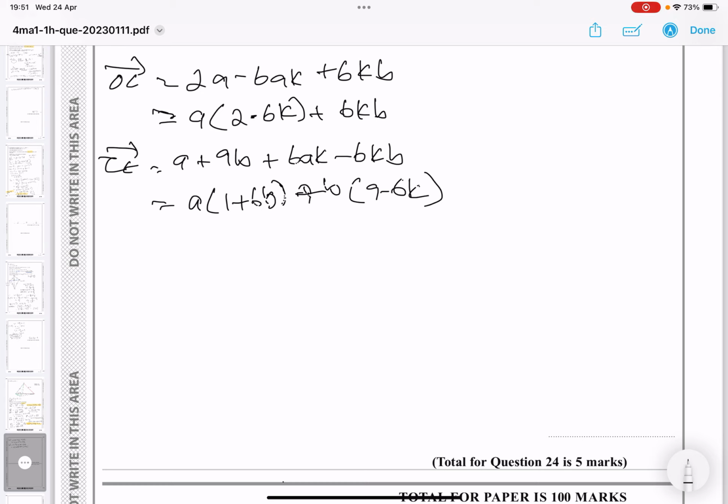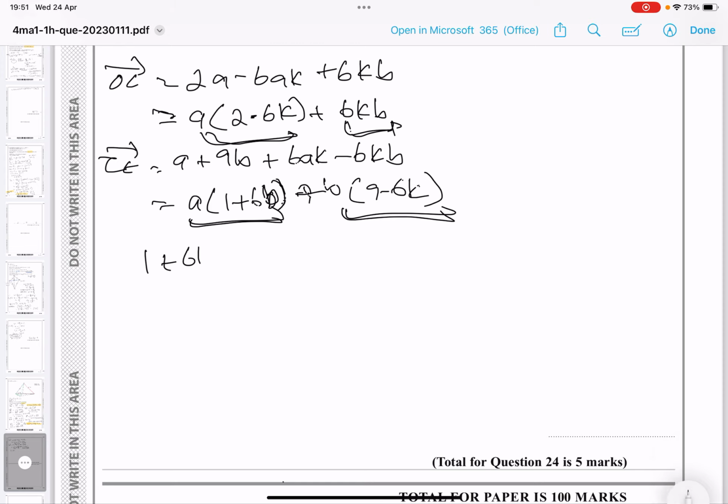What we're going to do is find out what k is. So the ratio of this to this is equal to the ratio of this to this. What I mean by this is, because we factorized the a out, we can now divide that by that, which will equal this divided by that, because they're the same ratio, remember?